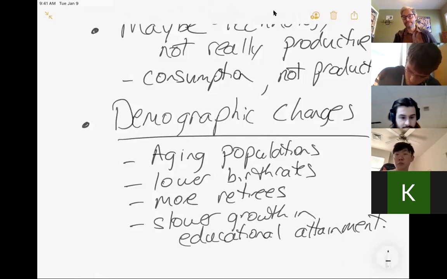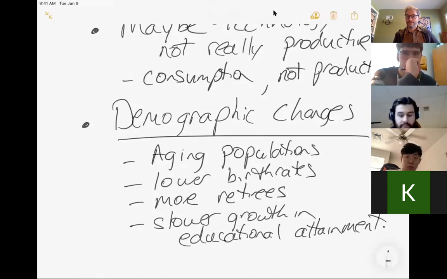There's not a lot of 50 or 60-year-old people who are in college, or getting their PhDs. And so the argument is that older people contribute less to new innovation and to new increases in productivity.